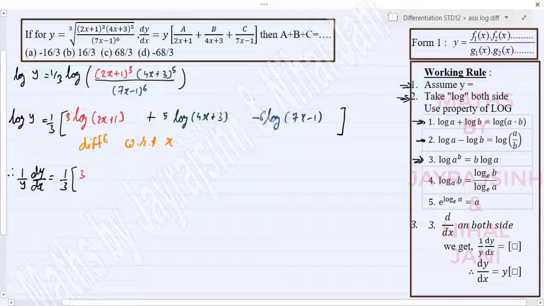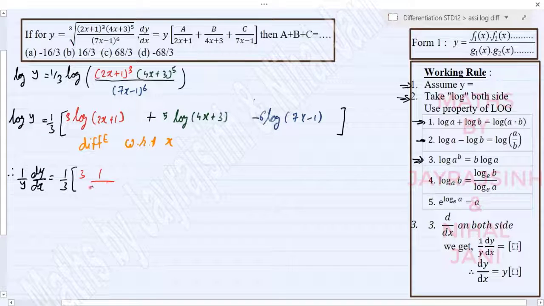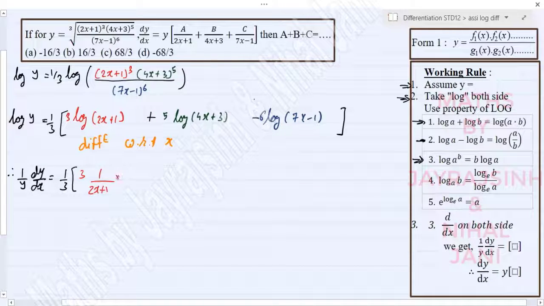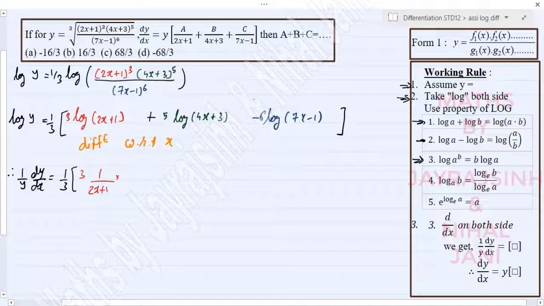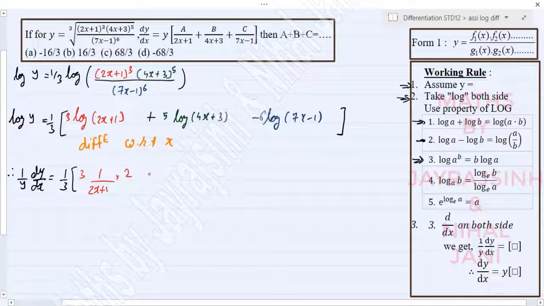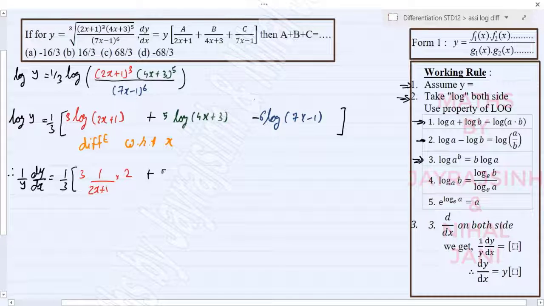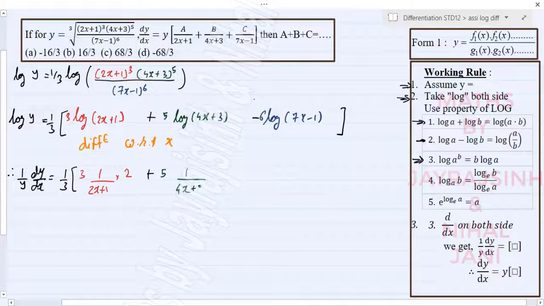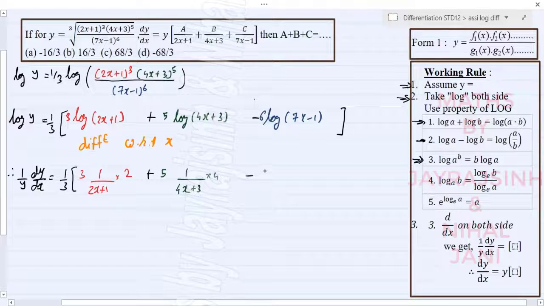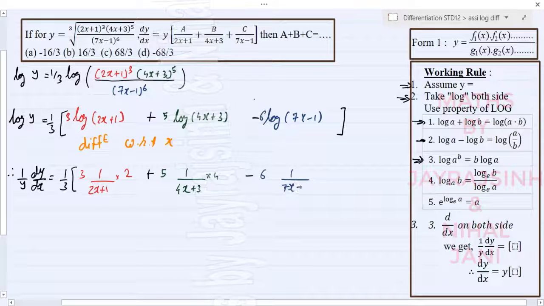Differentiation of log box will be 1 upon box into differentiation of box, or we can say coefficient of x, which is 2. Similarly, differentiation of the second term will be 5 into 1 upon 4x plus 3 into 4, minus differentiation of the last term will be 6 into 1 upon 7x minus 1 into 7.